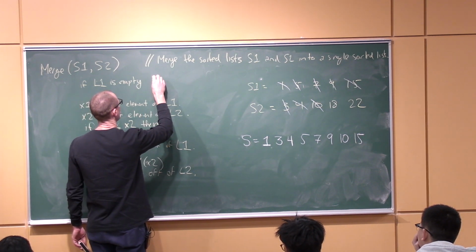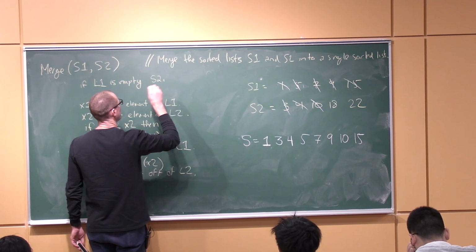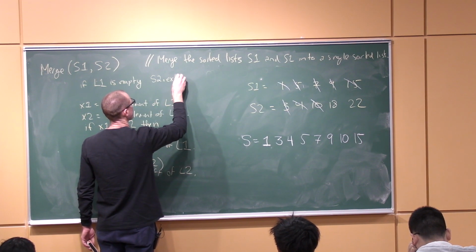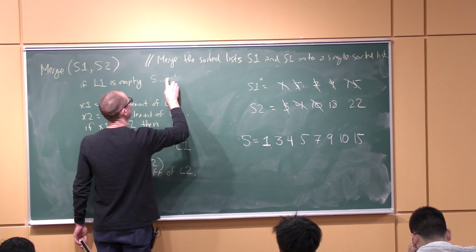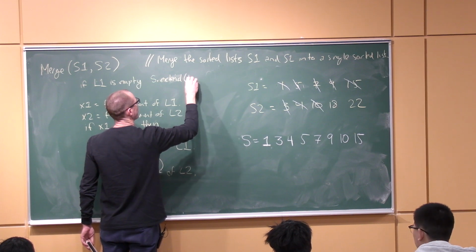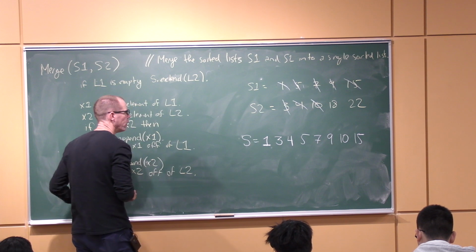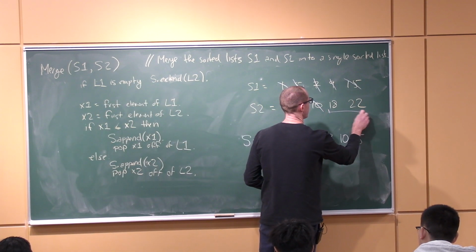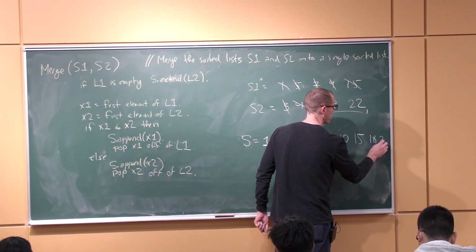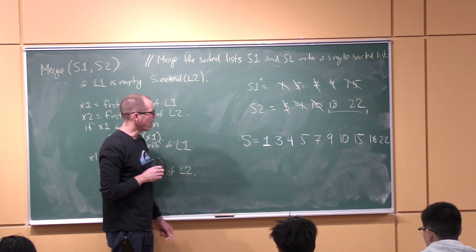So then we would do something like, in Python you would say extend, S.extend using the contents of L2, which in this case would take the last two things in S2 and put them on the end of this list. Okay. So it finishes up that way.